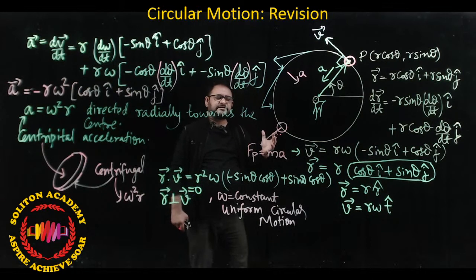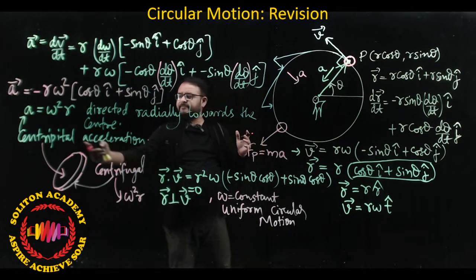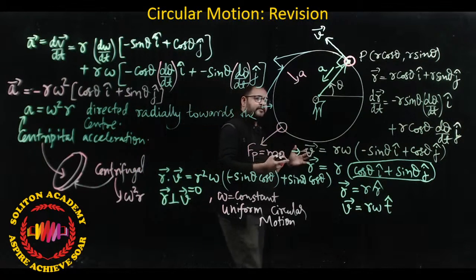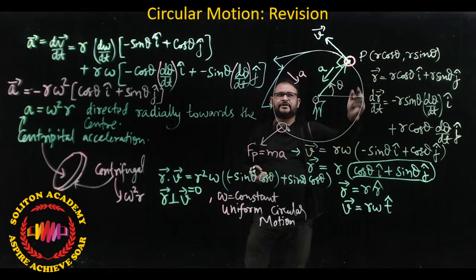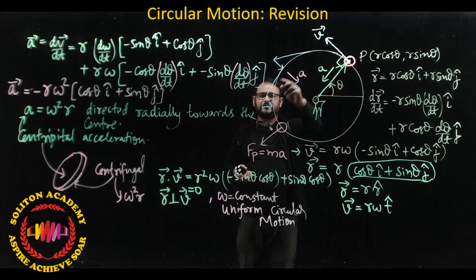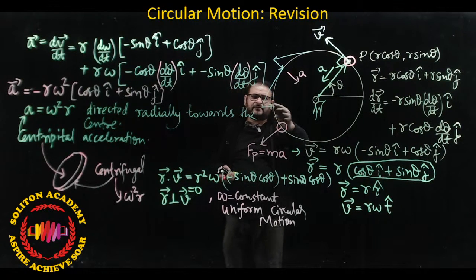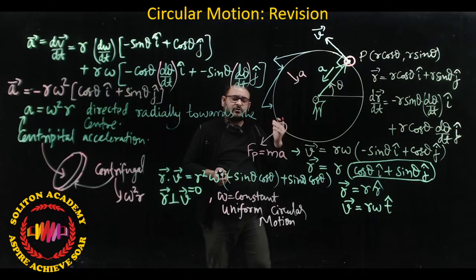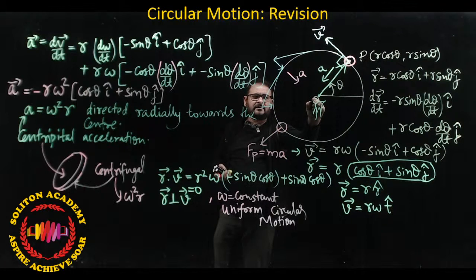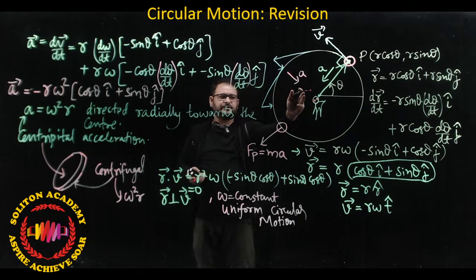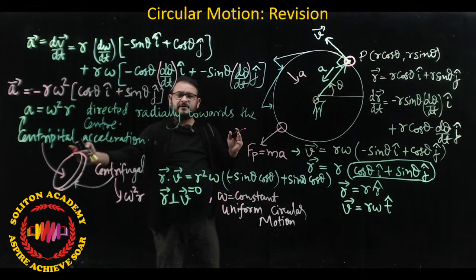Now you would ask, why are they same? They are same because you can imagine the body is doing uniformly accelerated motion. It wants to fly away tangentially, but it falls down, flies away, falls down, right? So to the observer here, it seems it's falling towards the center with the centripetal acceleration.